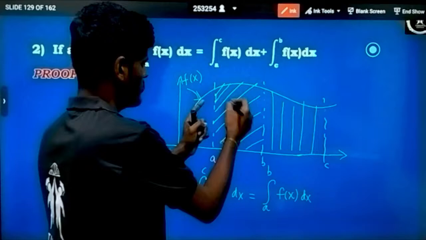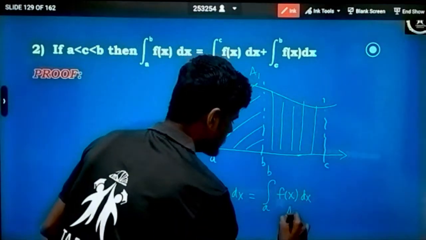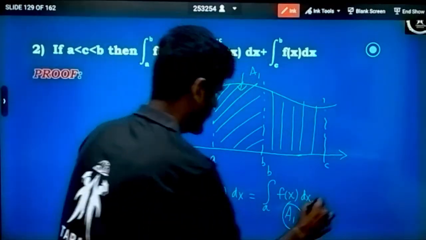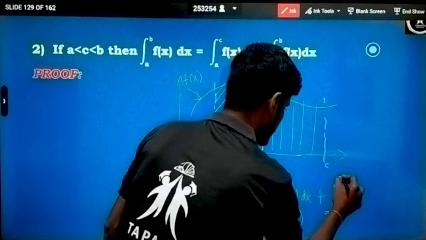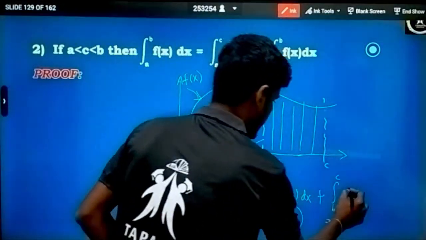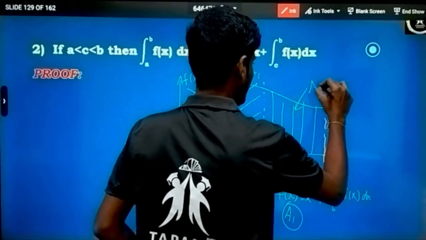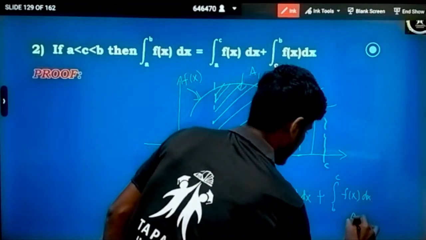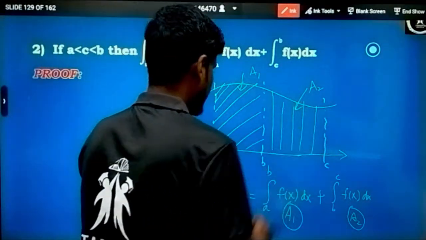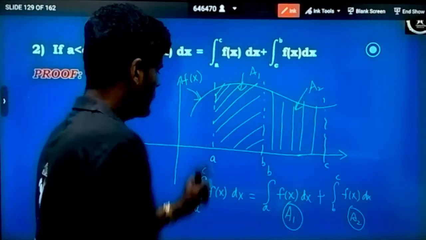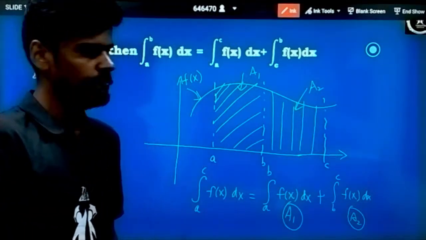Let this region be a1, so this is a1 for us, plus the integral of b to c of f of x dx, the second area, which is a2. Now the total area between a to c can be written as integral a to b of f of x plus integral b to c of f of x.